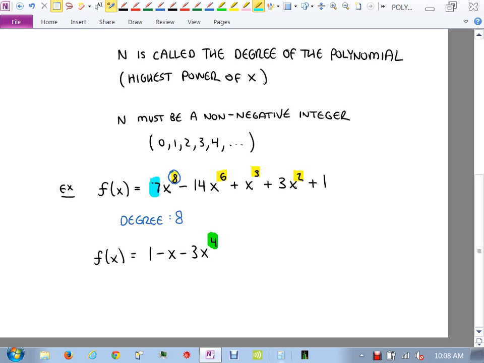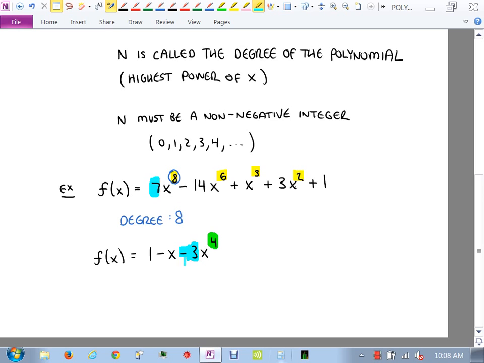How about on this next one down here? -3. Okay? The one on the bottom I put in a weird order to try and trick you. So you might pull the 1 because you think it's the first number I see. It's not the first number you see. It's the number in front of the highest power of x, including its sign.